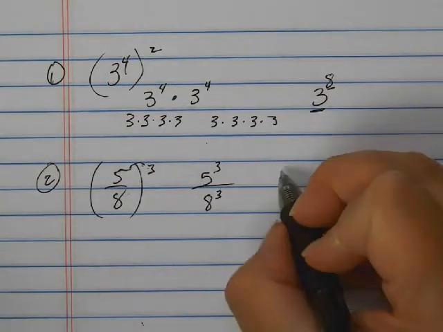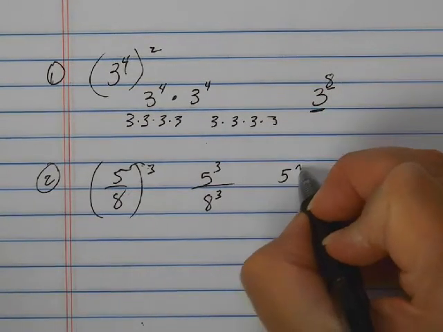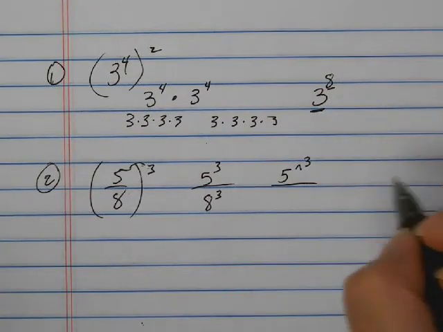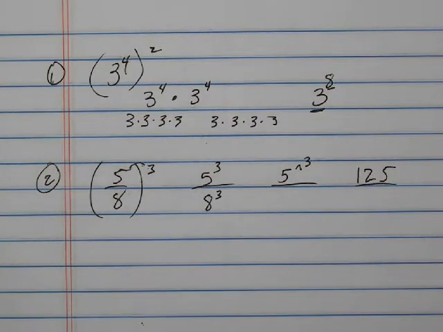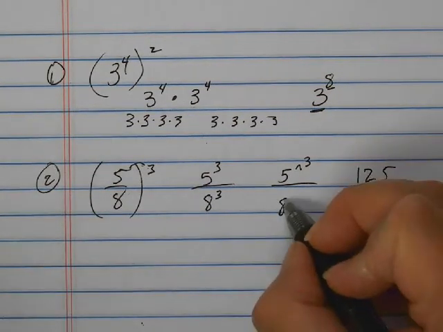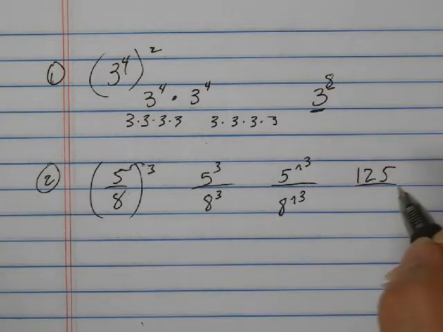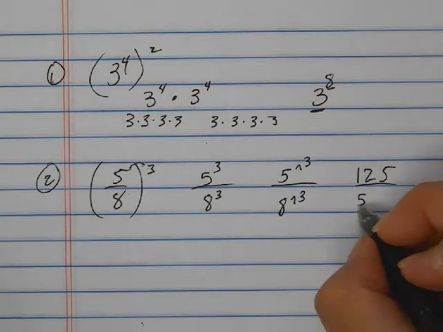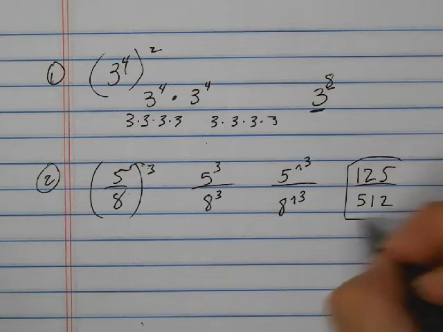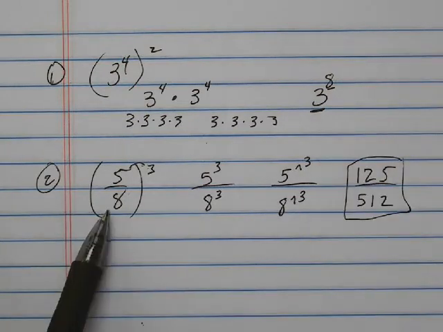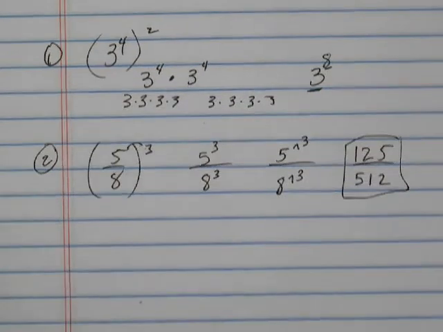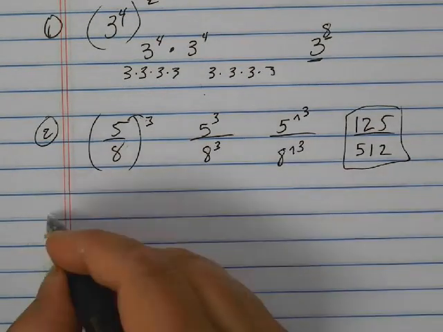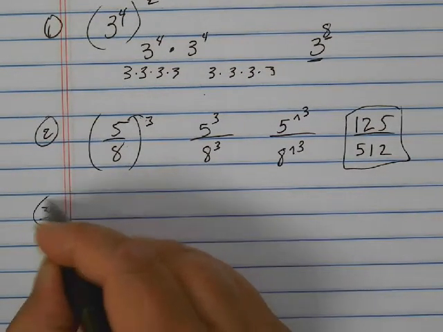So in my calculator, I'm going to type in 5 caret key 3 and see what I get, and that's 125. You should practice this on your calculator. And 8 caret key 3, which is 512. Now, this isn't going to be able to be reduced because the fraction that I started with couldn't be reduced. So I know that I'm finished. These examples are going to get a little harder as we go.